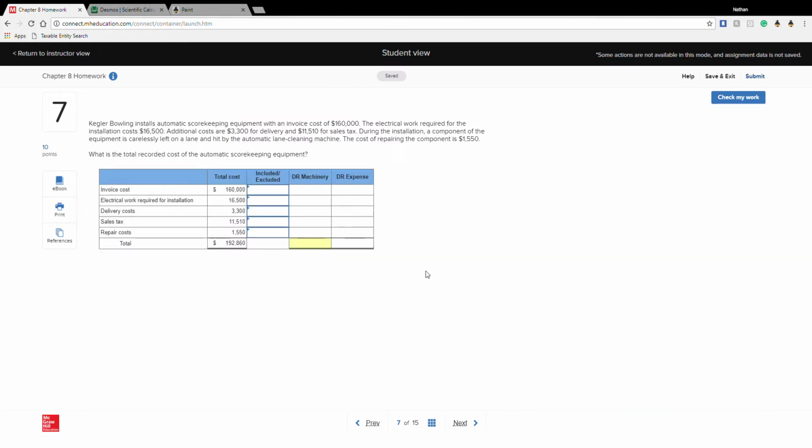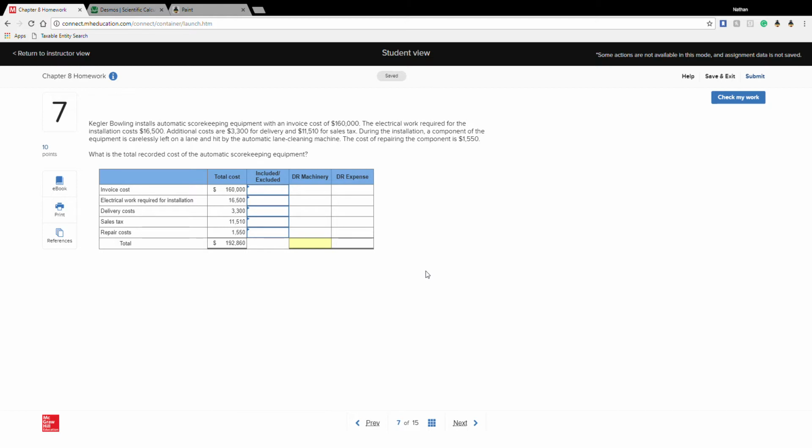So we're going to start off with question 7. It's going to ask, Kegler Bowling installs automatic scorekeeping equipment with an invoice cost of $160,000. The electrical work required for the installation cost was $16,500. Additional costs are $3,300 for delivery and $11,510 for sales tax.